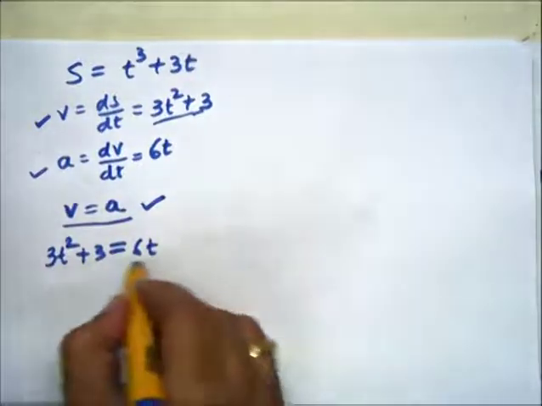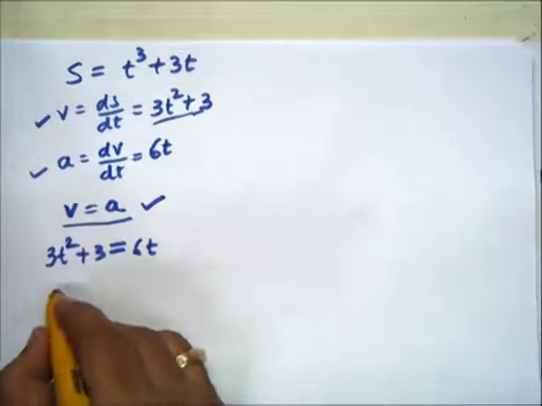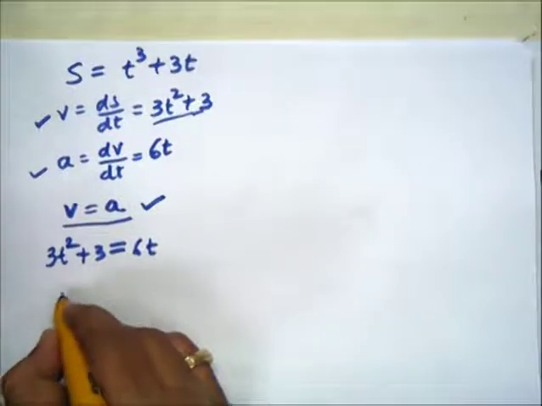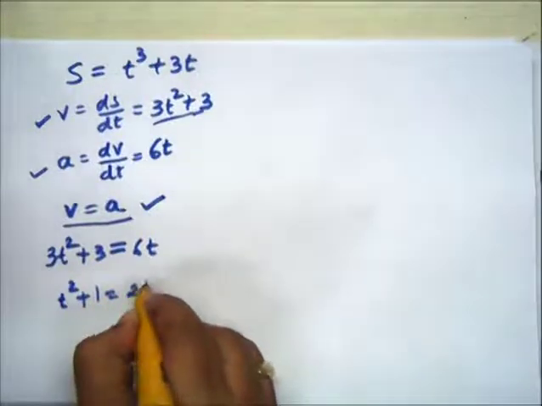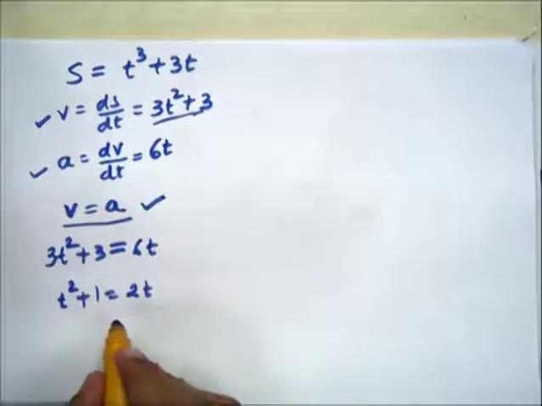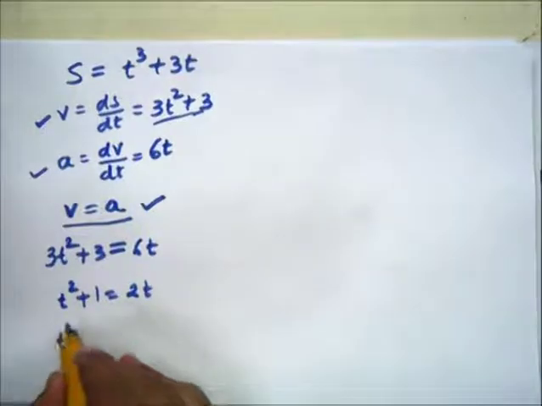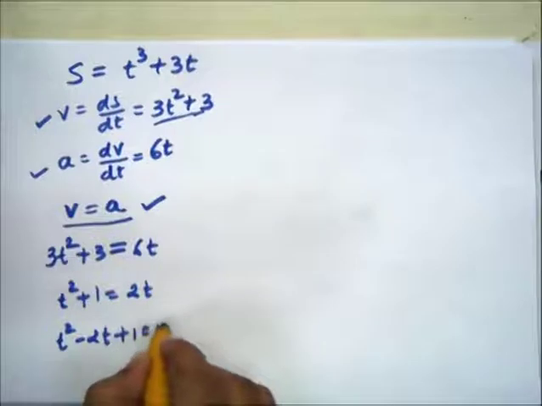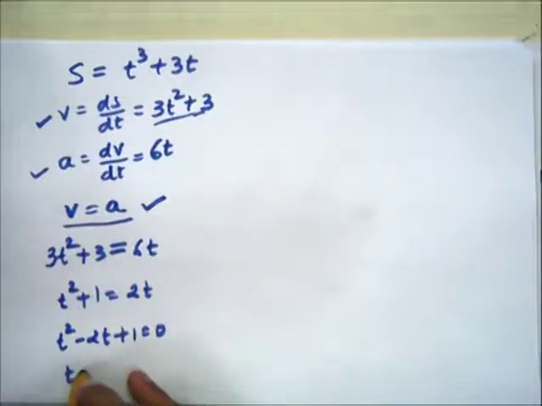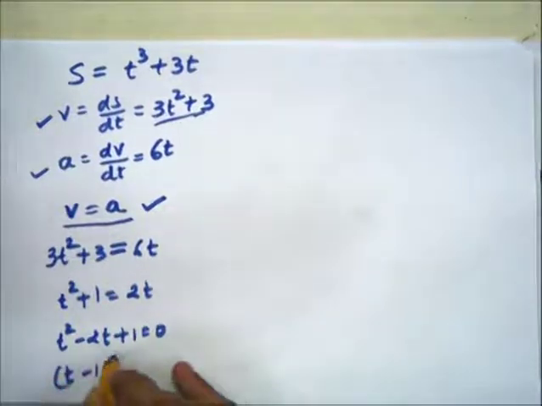Now 3 is common on both sides, so if we cancel it out, we have t square plus 1 is equal to 2t. If we take 2t to the opposite side, we have t square minus 2t plus 1 is equal to 0. This is a perfect square, t minus 1 whole square.